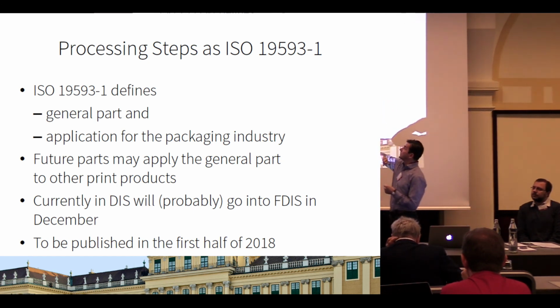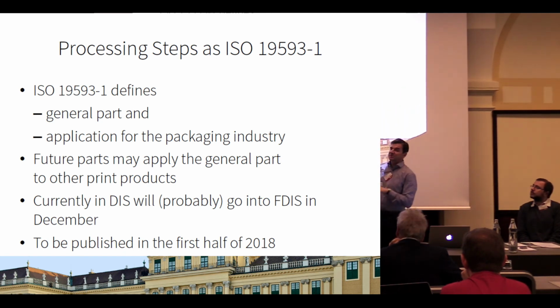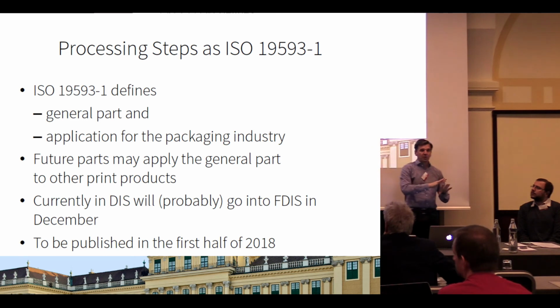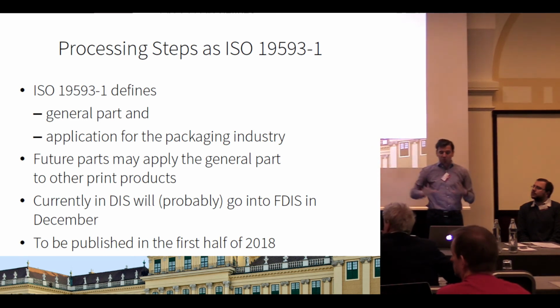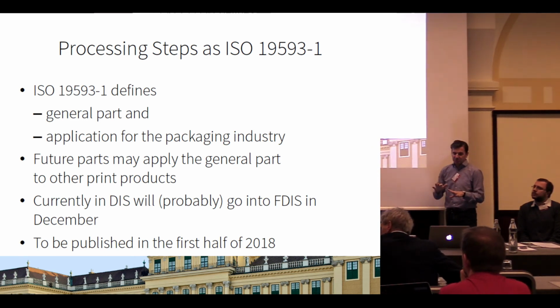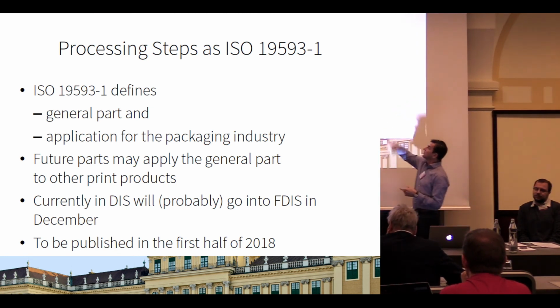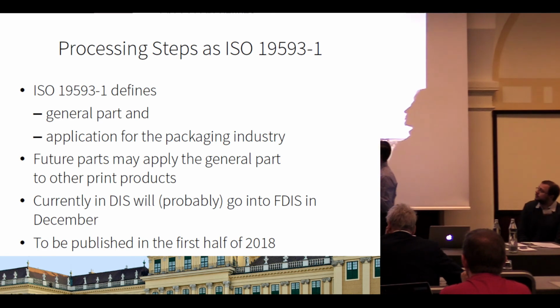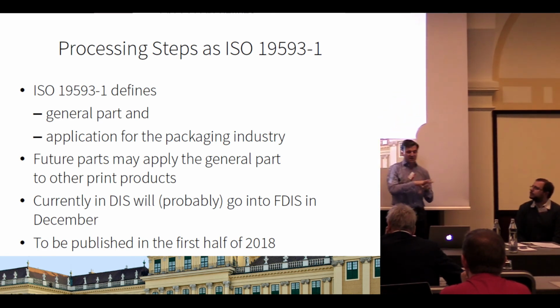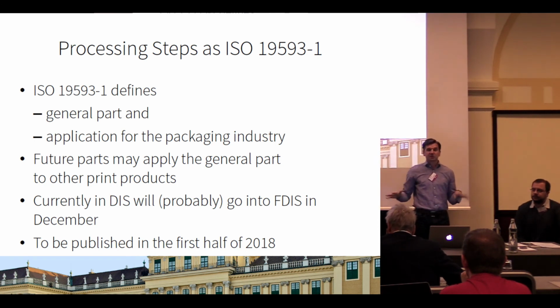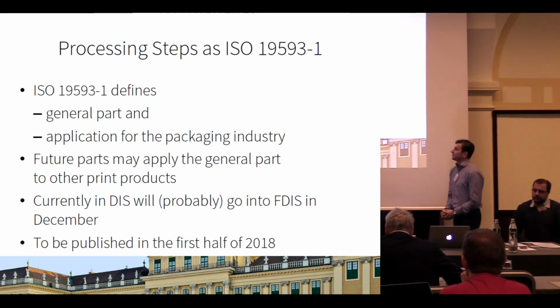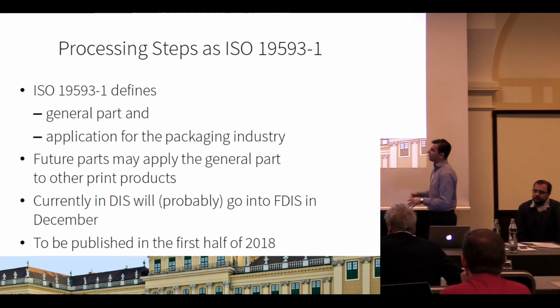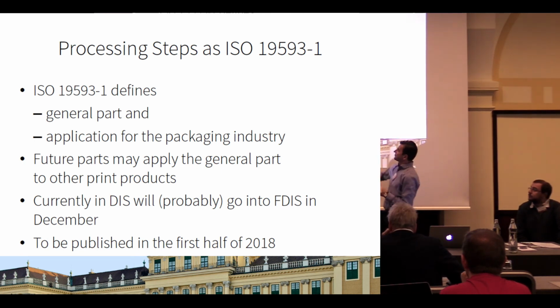And in the second part, and I will talk about these rules later on, it defines how to use this instrument, this methodology inside of packaging. And it is expected or hoped by ISO that future parts of the standard may apply the same rule set to different print products. I don't know, for booklets or whatever.